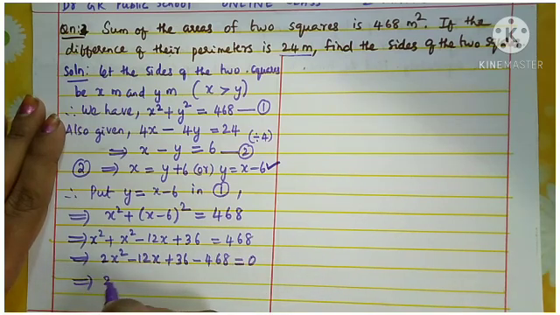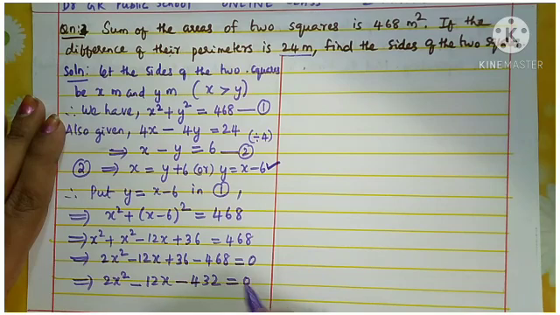So again 2x square minus 12x plus 36 minus 468, when you combine you will get minus 432 equal to 0.